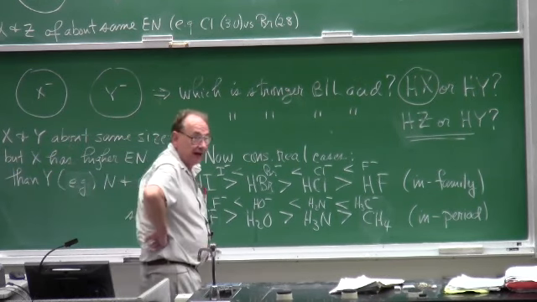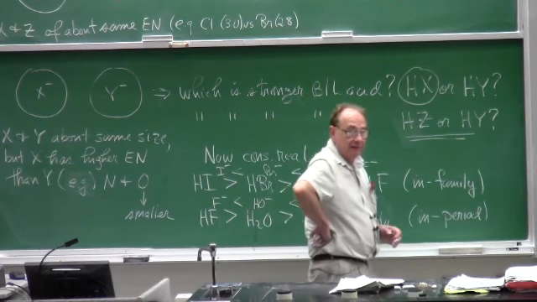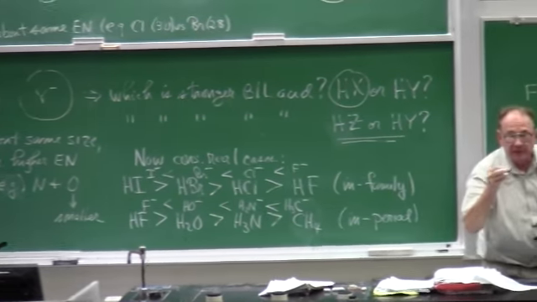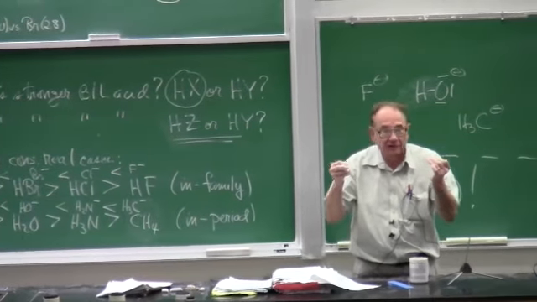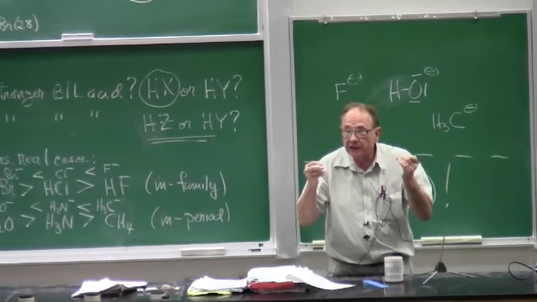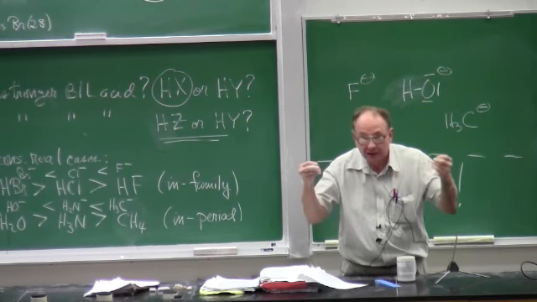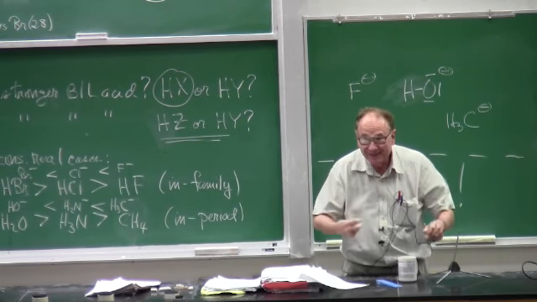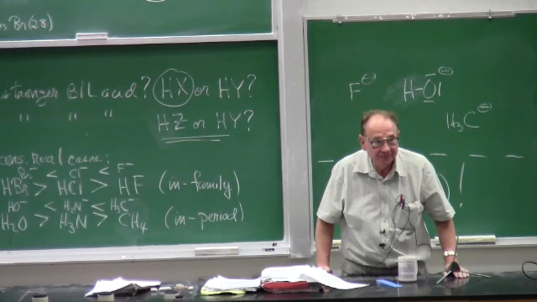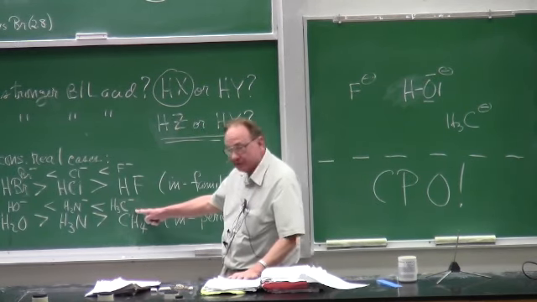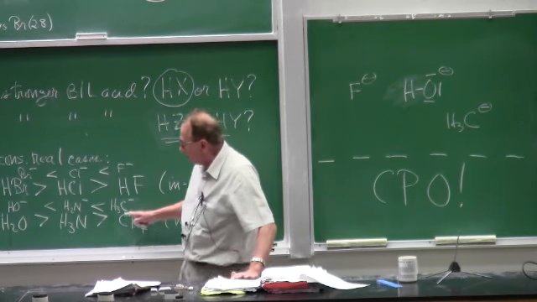So note, if you have not yet, but I think you have, that the charge to size assessment of effective negative charge density and the electronegativity assessment of effective negative charge density, they oppose each other. Here, charge to size argument says this is the weakest base, most stable base.